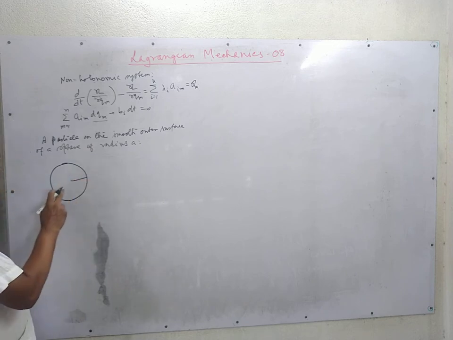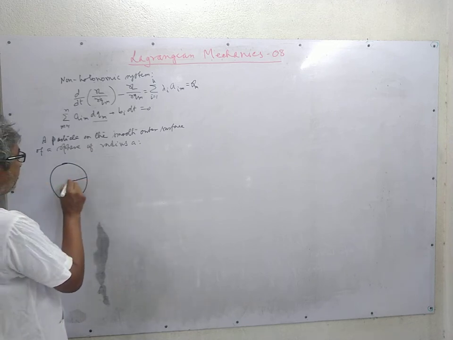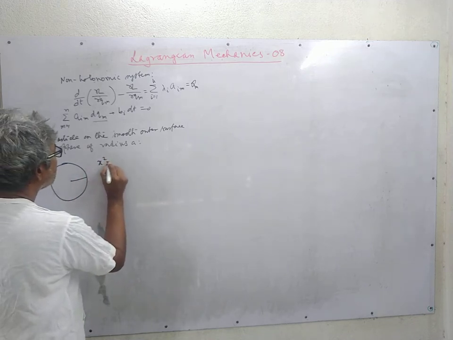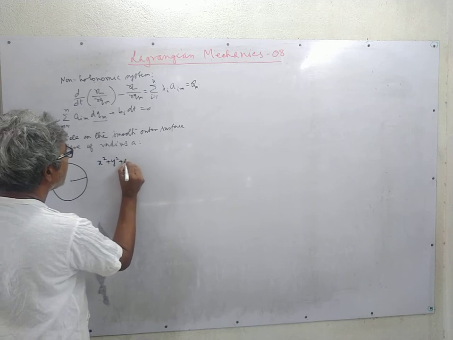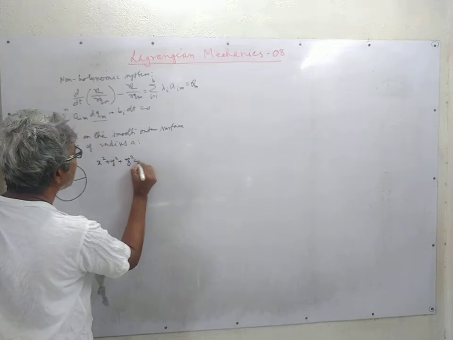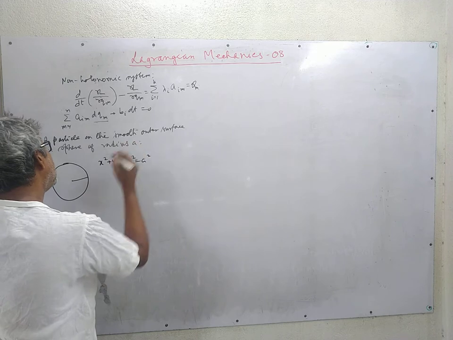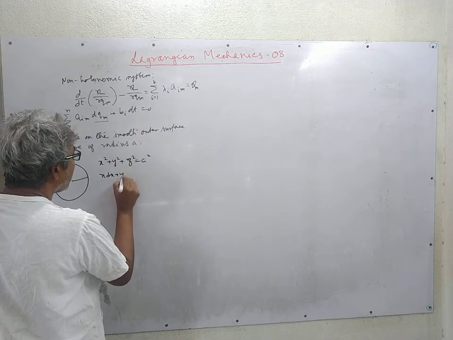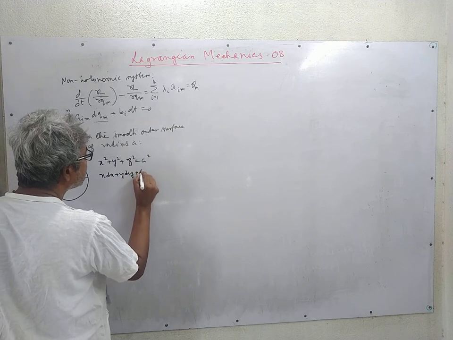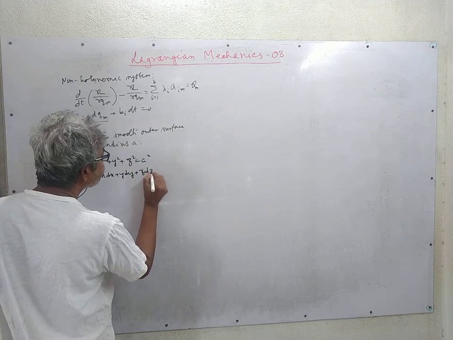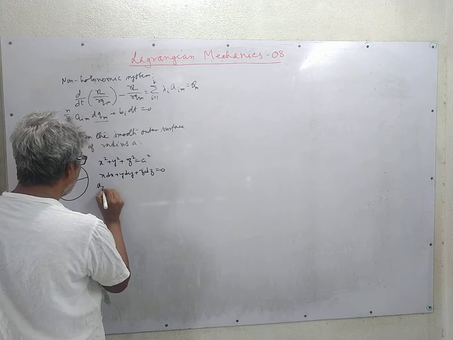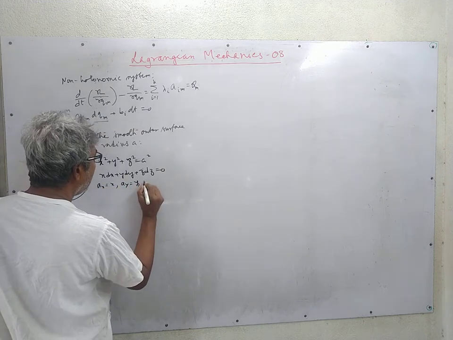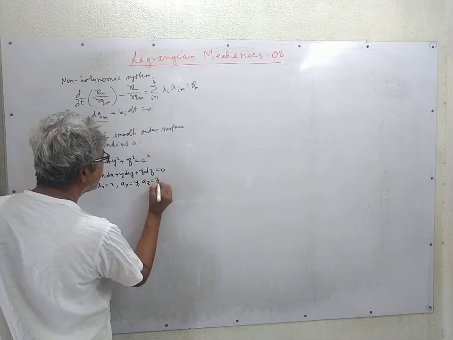If we consider the origin of the coordinate system to lie at the center of the sphere, the equation is x squared plus y squared plus z squared equals a squared. If we write it in the form of a Pfaffian, this becomes x dx plus y dy plus z dz equal to 0, so that a_x is equal to x, a_y is equal to y, and a_z is equal to z.